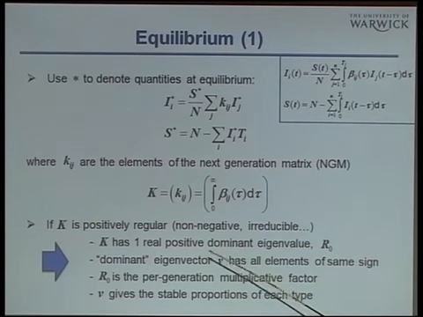And under these assumptions, the theory says that K has one real positive dominant eigenvalue, which is what we call R0, and the associated eigenvector V, which I'll call the dominant eigenvector, has all elements of the same sign. And so R0 represents the per generation multiplicative factor, and V gives the stable proportions of individuals of each type during a generation. Okay?